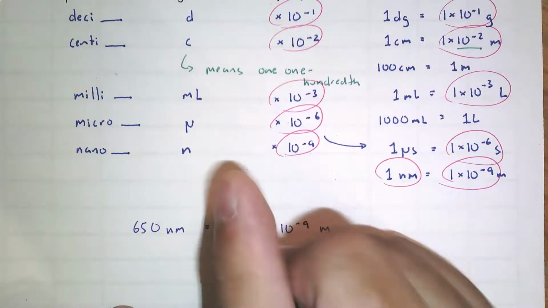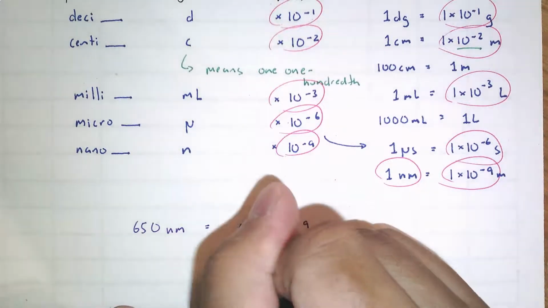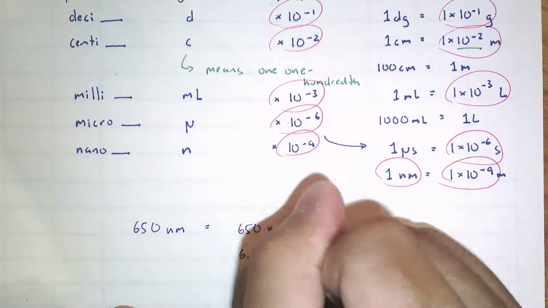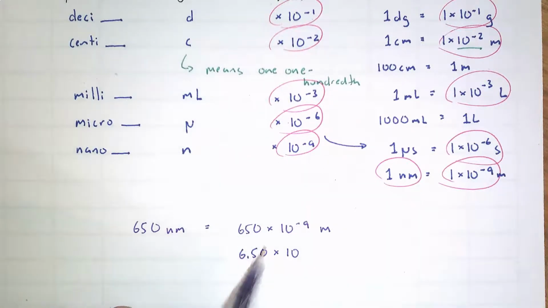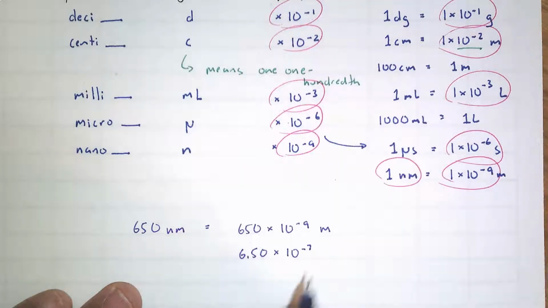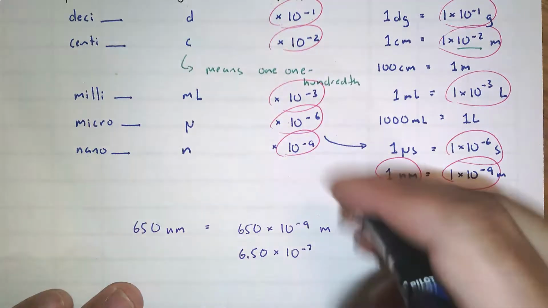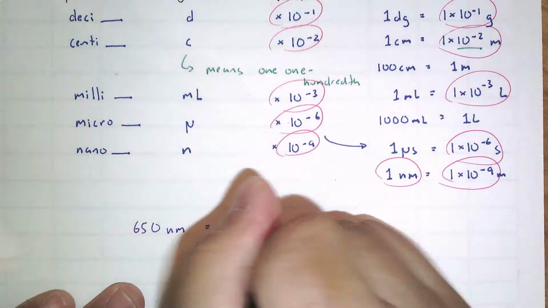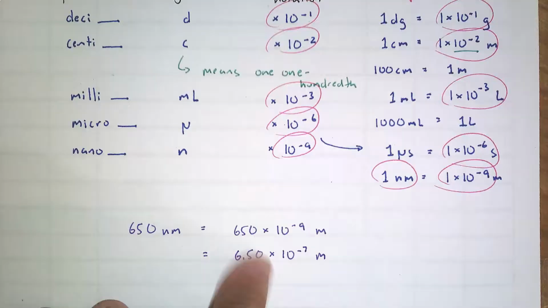Conventional scientific notation would be what? 6.50 times 10. So the decimal place is here, and to get the actual number written out, you move to the left to make it smaller. 1, 2. So to get to 6.5, we moved it 2 times to the left. That means we only have to move to the left 7 more times. So these 3 are actually equal.